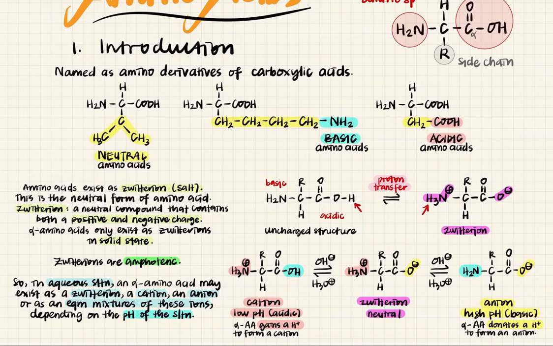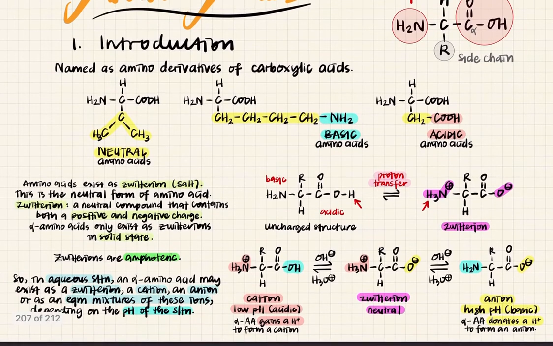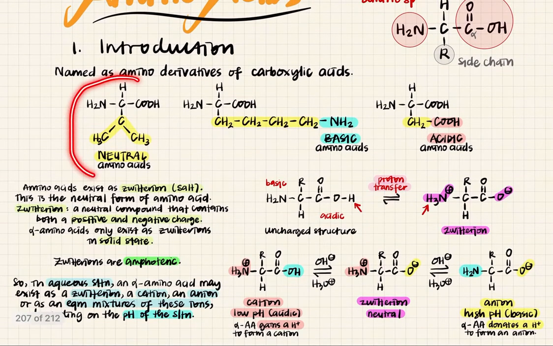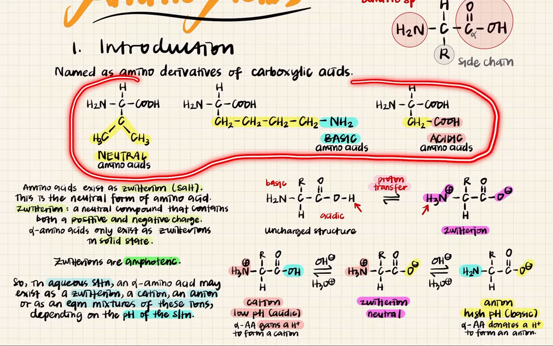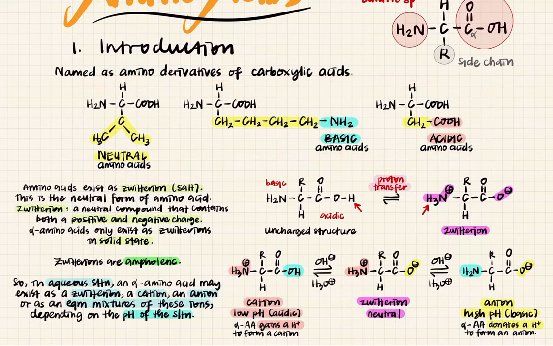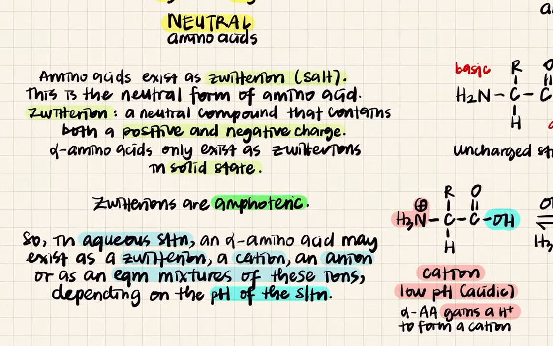Alright, but your amino acid does not exist as an uncharged compound like so. It actually exists as a Zwitter ion. So what is a Zwitter ion? A Zwitter ion is actually a salt. This is the neutral form of your amino acid.